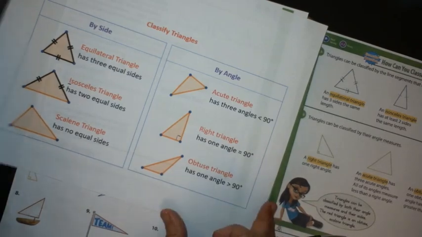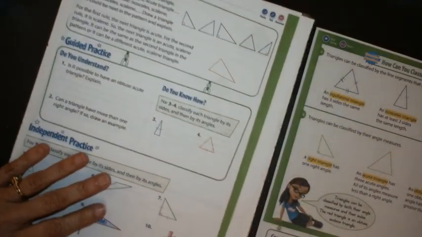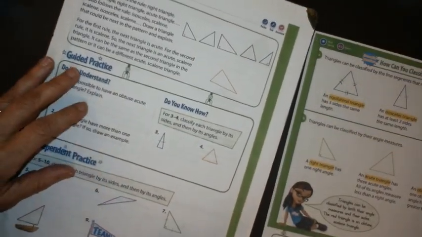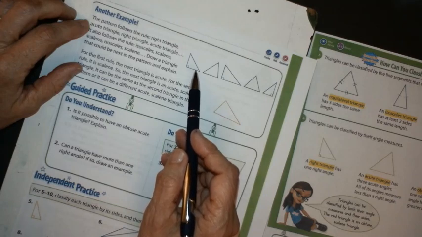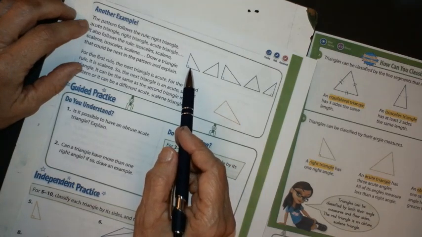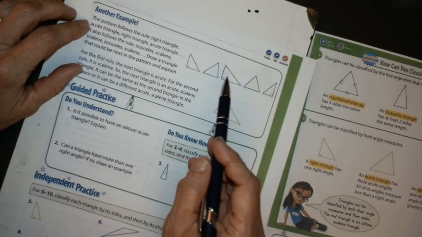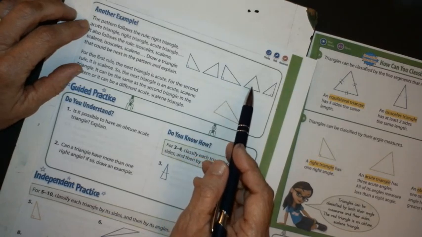So we're going to take this a step further. We're going to take a look at the lesson you're doing today. So here are some patterns. The pattern follows a rule: right triangle, acute triangle, right triangle, acute triangle.